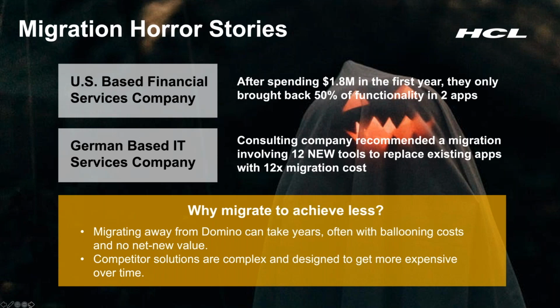They said, guys, this is it. It makes no sense to keep trying to migrate to another platform where after all this time, after all this money, we still cannot achieve the same functionality and the same benefits.